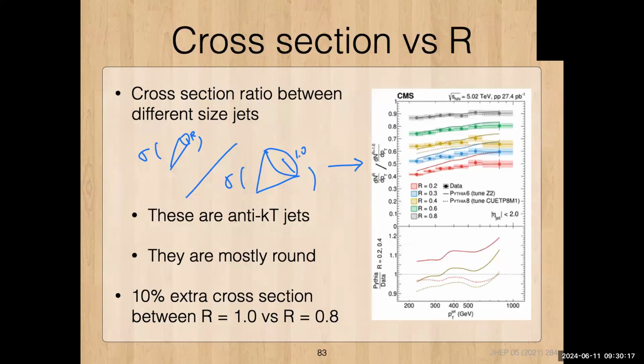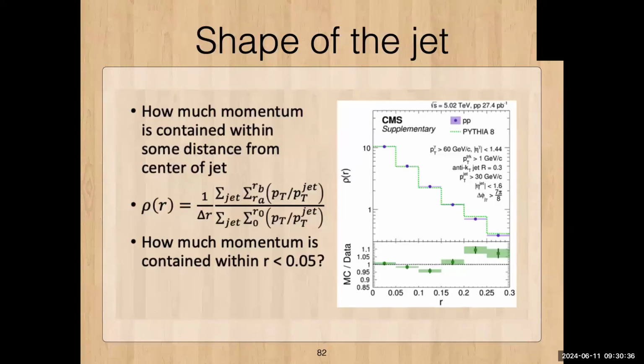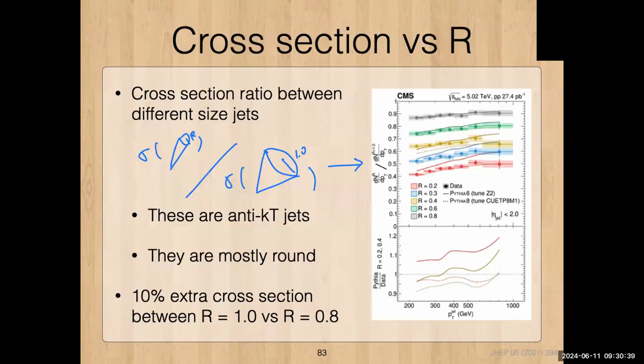Okay, so another thing we can look at is the jet cross-section as a function of radius. We measure the jet cross-section for small jets, and we measure the cross-section for large jets, and we take a ratio. It's similar to this, but we quantify it in terms of cross-sections. Okay, the result is here. Everything is divided by R equals 1.0, that's the biggest, that's the reference.